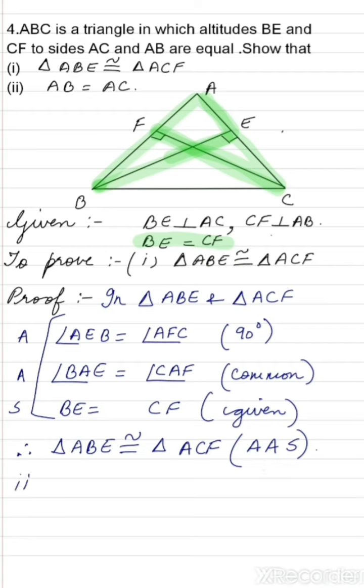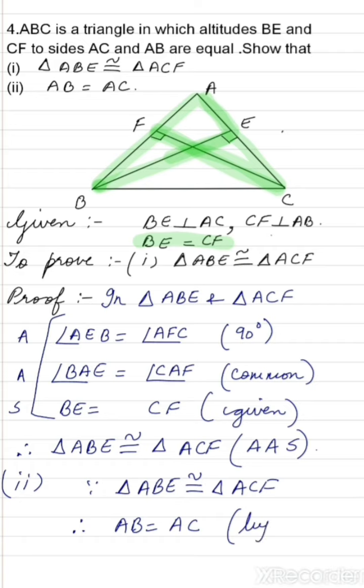Now for the second thing, since triangle ABE is congruent to triangle ACF, therefore by CPCT AB will be equal to AC. In the bracket you will mention by CPCT. Hence proved.